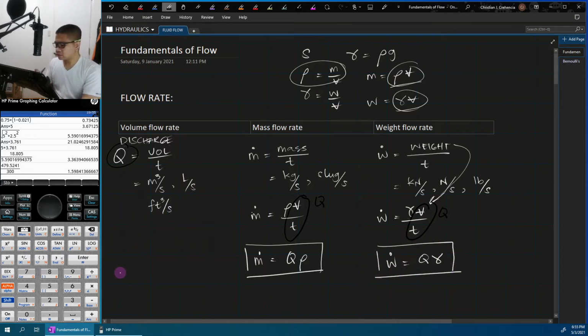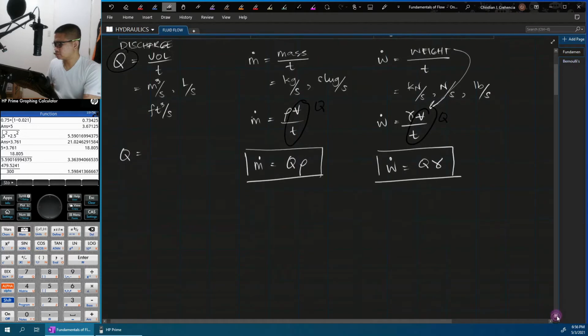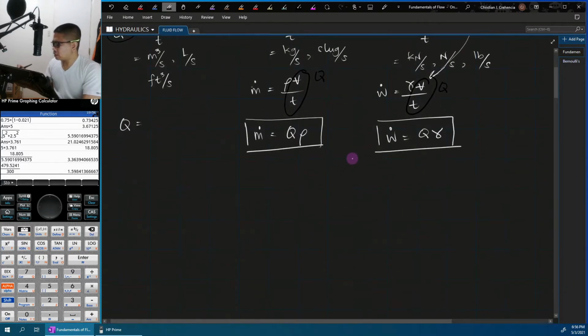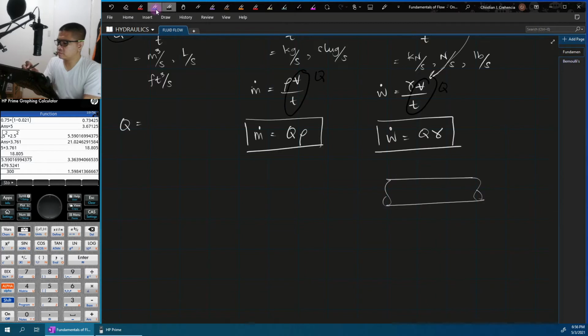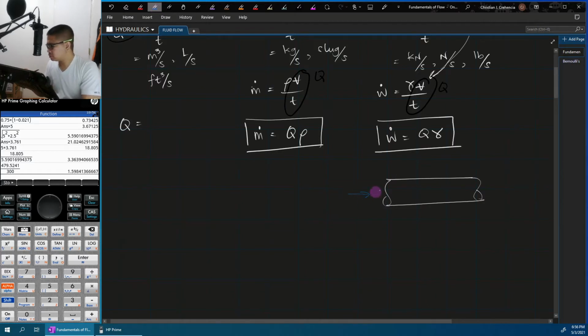And going back dito sa discharge Q, diba meron tayong volume over time. So how do we solve yung volume? Okay? So let's say meron tayong pipe dito. Tapos, of course, meron tayong flow.